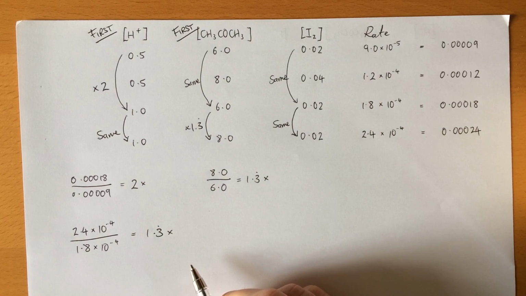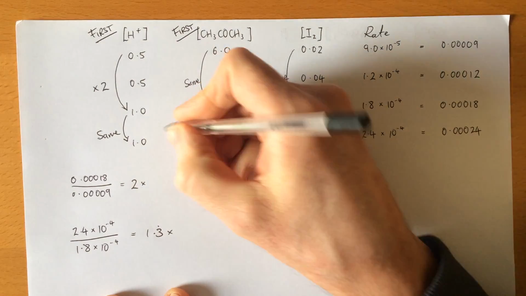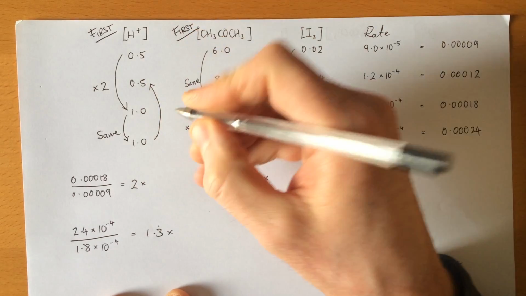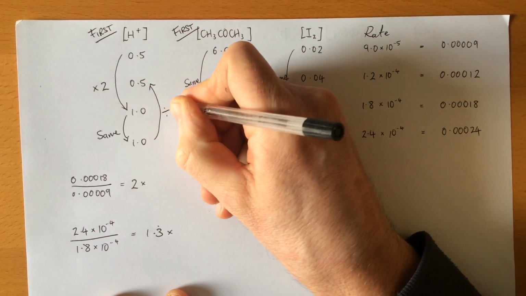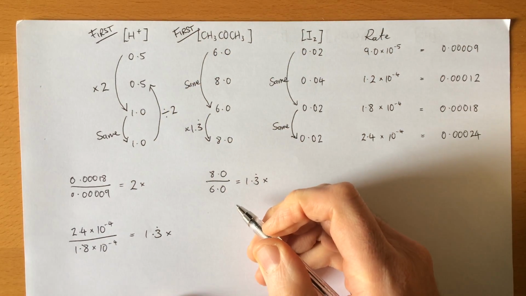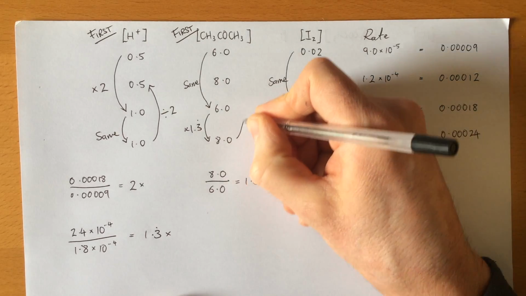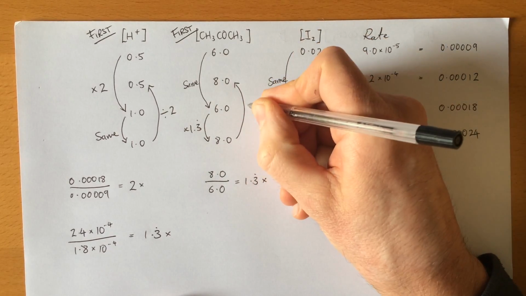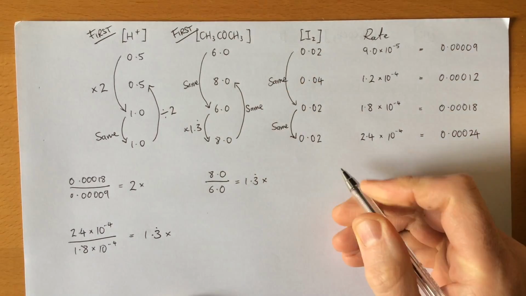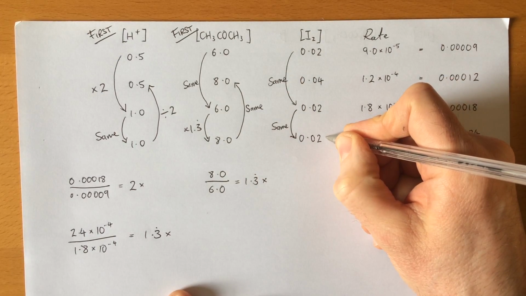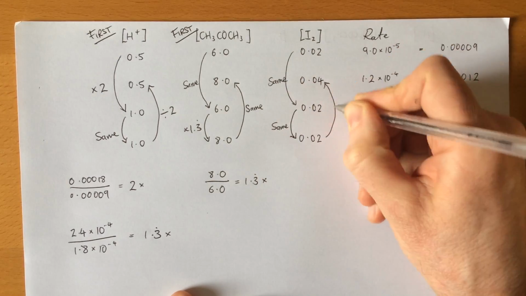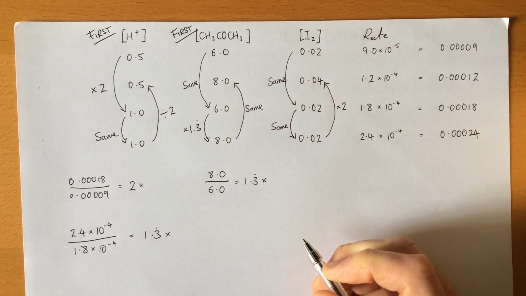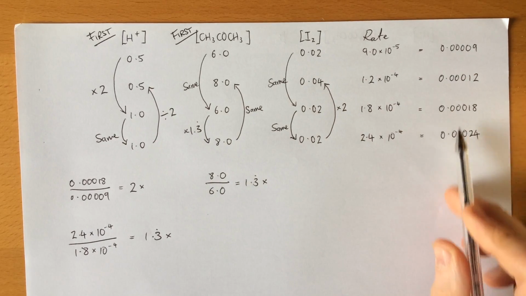So let's see what's happening between those 2. The concentration of hydrogen ions has dropped by a factor of 2. The concentration of the propanone has stayed the same, and you can see that the concentration of the iodine has been multiplied by 2.